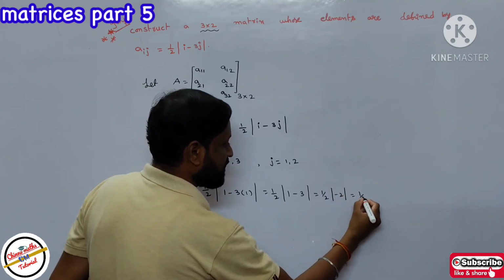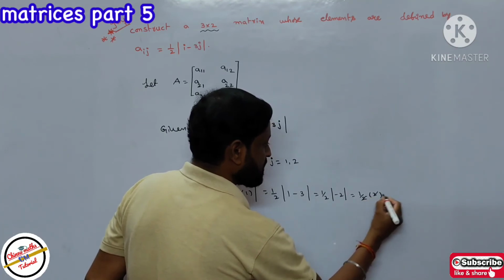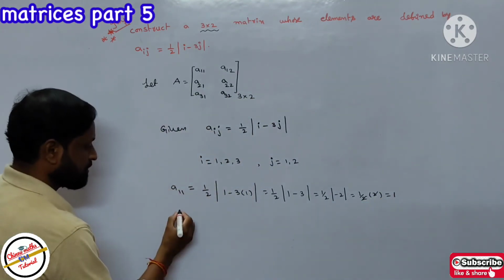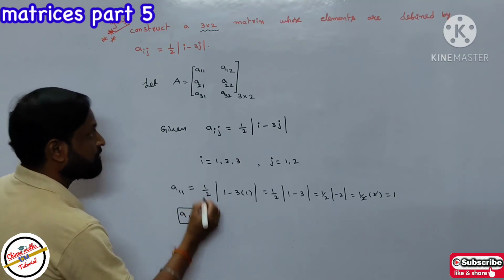Mod values always give the positive value, so minus 2 becomes 2. The 2s cancel, and it is equal to 1. So a11 equals 1. You will get the first element.